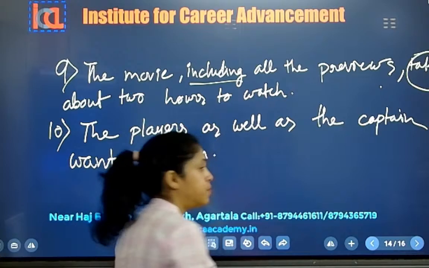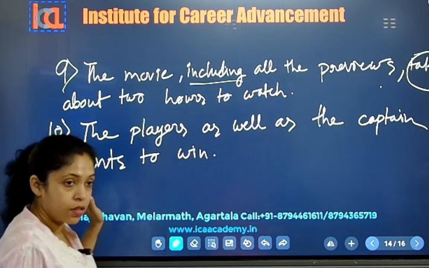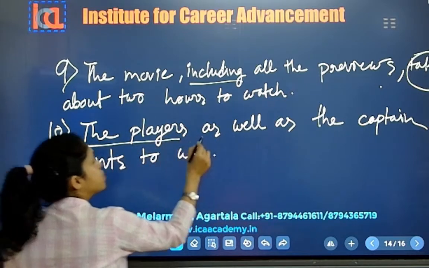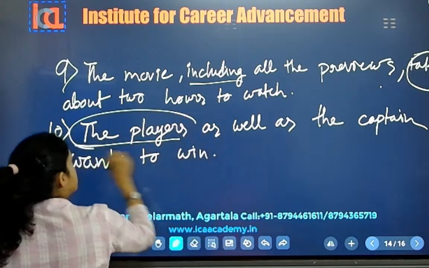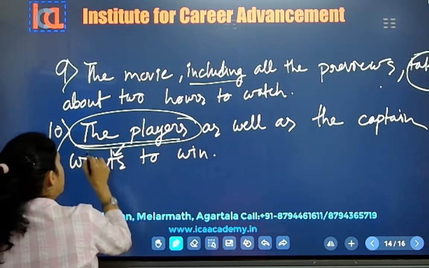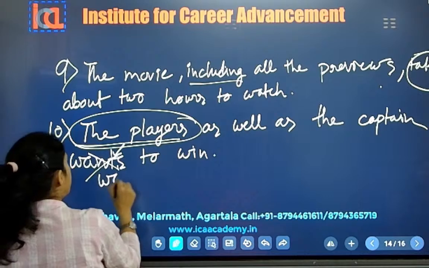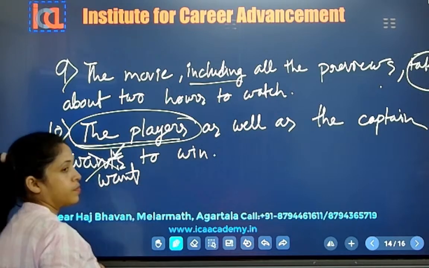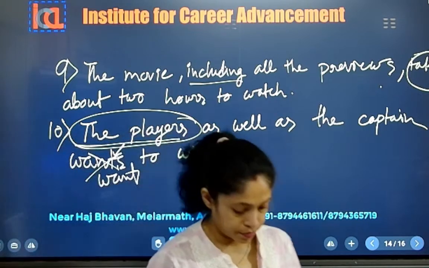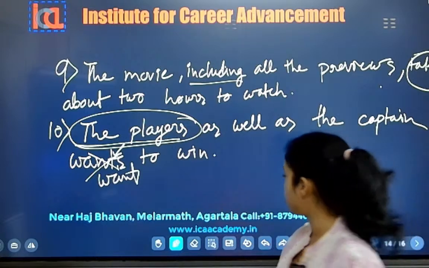Which one is the subject that we will follow? The players, because as well as is used. So the players is in plural form. It will not be wants, it will be want. Okay. Next.